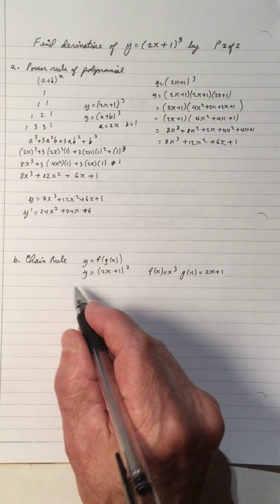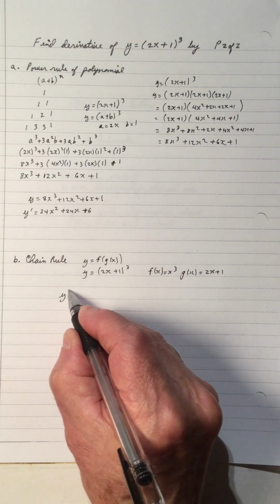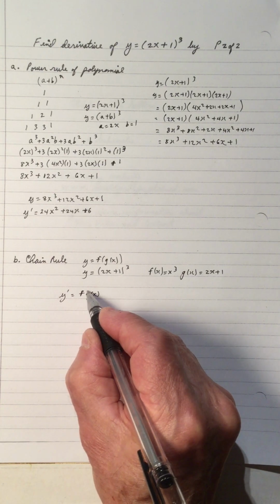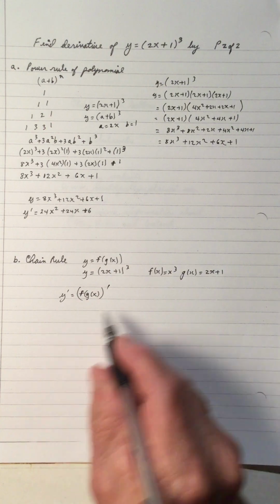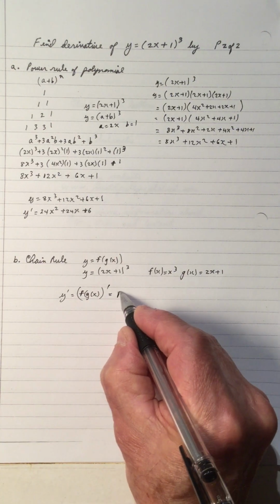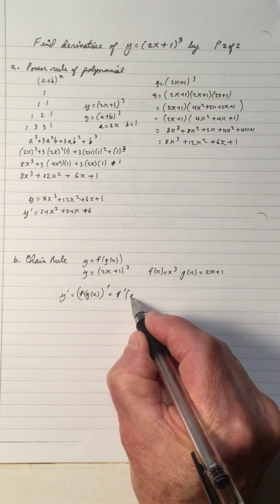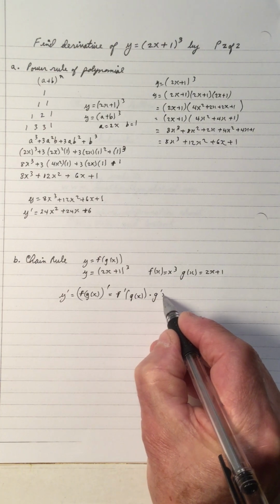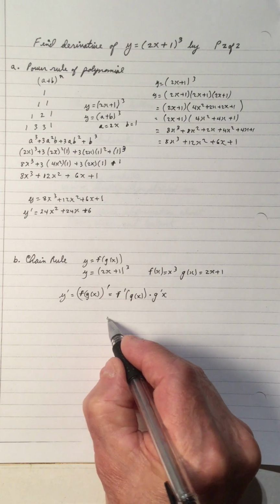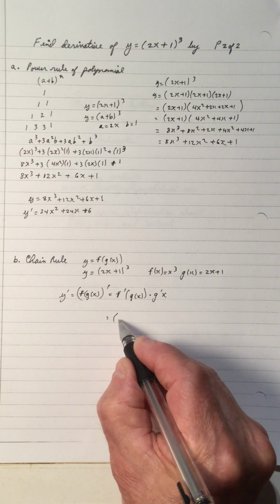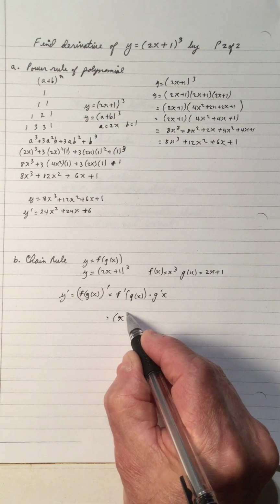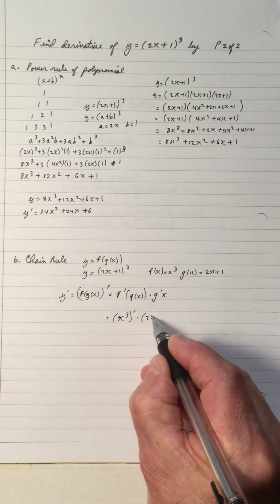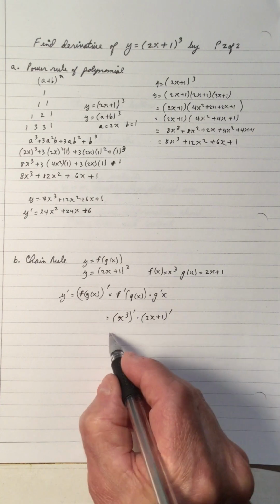So again, the x cubed is the outside because you're cubing this inside function. There's the inside. So the derivative y prime is the f prime of g of x, which is the derivative of the outside with the inside in the bracket, times the derivative of the inside, which is what we just practiced in the previous video. So that means we have the x cubed derivative times the 2x plus 1 derivative.